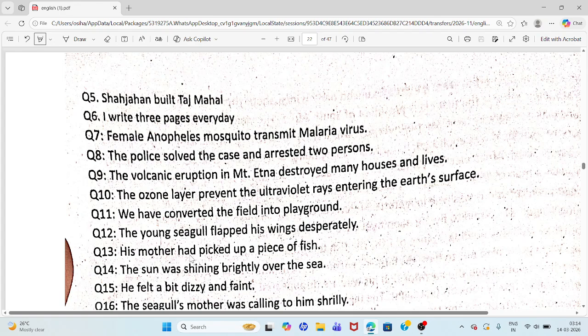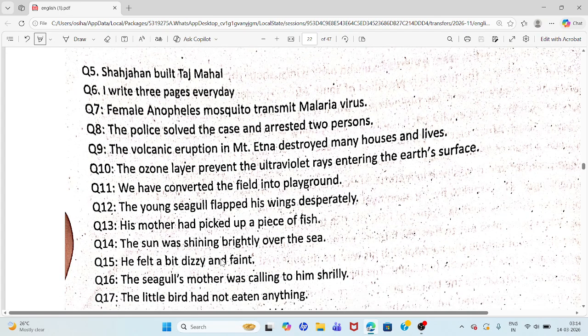Question 13. His mother had picked up a piece of fish. In passive voice, a piece of fish had been picked up by his mother. 14th question. The sun was shining brightly over the sea.